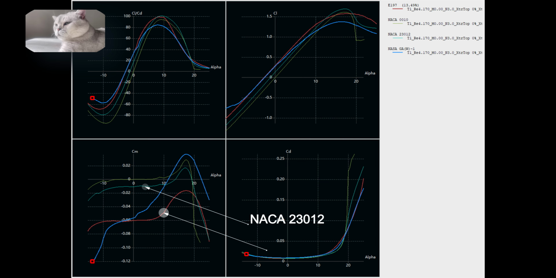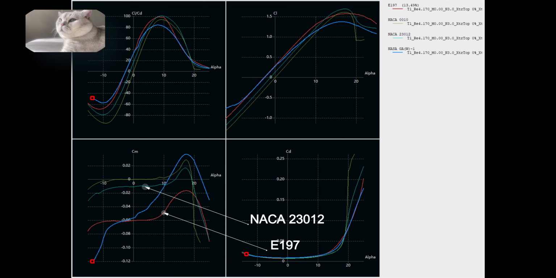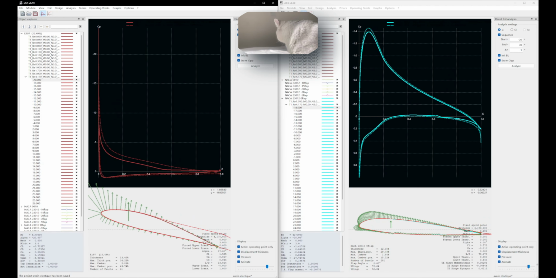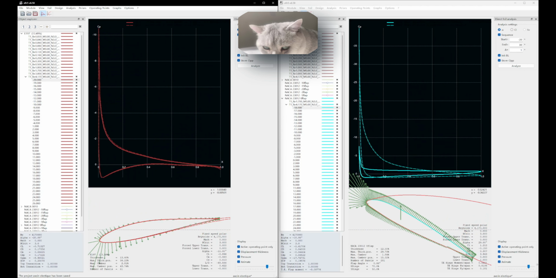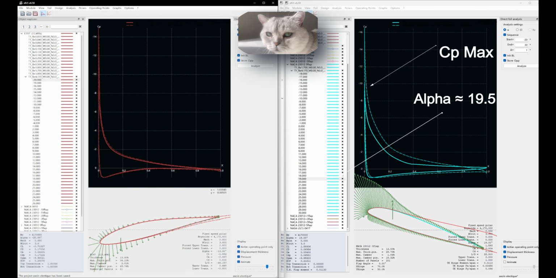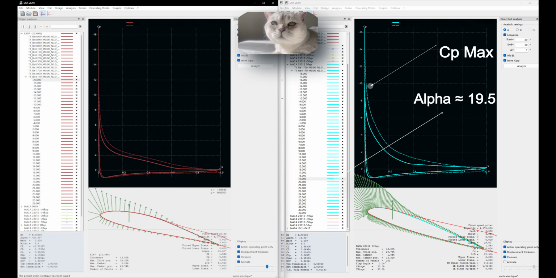After selecting the two airfoils, NACA 23012 blue line and E197 red line, we compare the CP diagrams at different angles of attack to make the final choice. The analysis of the CL-alpha plot shows that the stall angle of the NACA 23012 is around 20 degrees, while in this case it reaches 19 degrees.